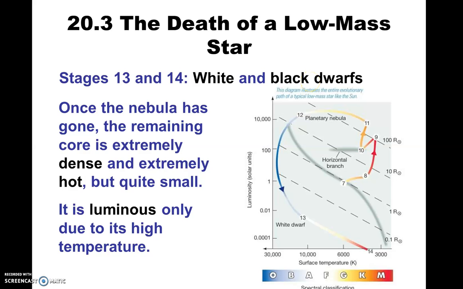What was once a star, the only thing remaining is this really hot carbon core, and so material leaves and leaves and leaves over time, and in fact, as the planetary nebula leaves the star, eventually you won't be able to see the planetary nebula anymore.